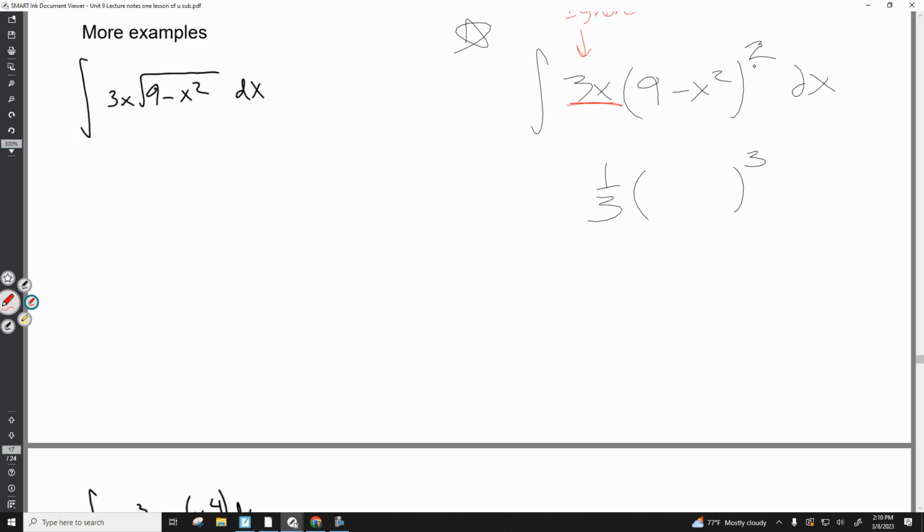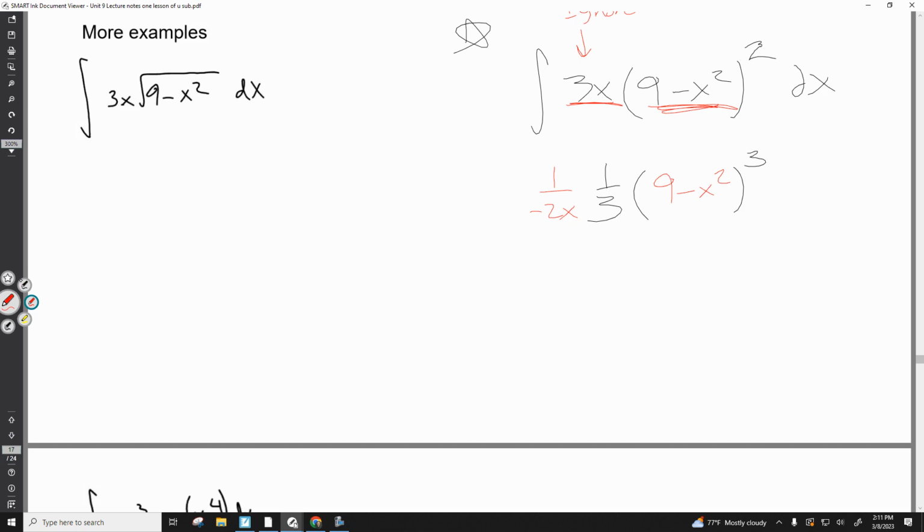Focus on the chain. What starts in the parentheses stays in the parentheses. Ignore the product. When we undo the chain, we'll get rid of the product. Understanding the chain rule, we know we'll have to undo the derivative of the inside, so I have a 1 over negative 2x.